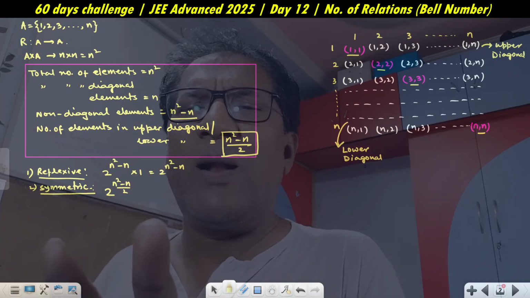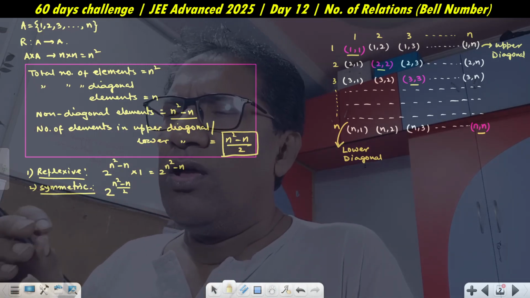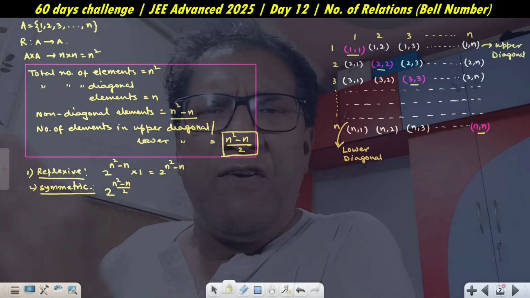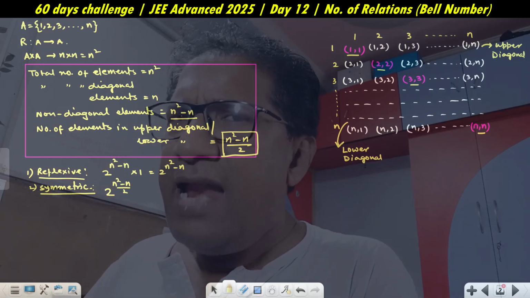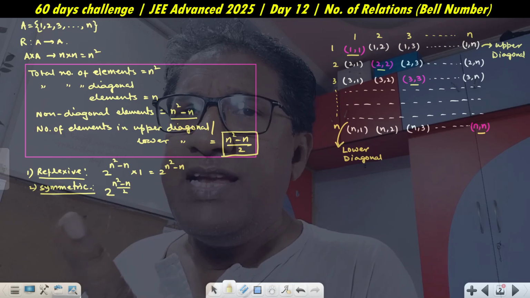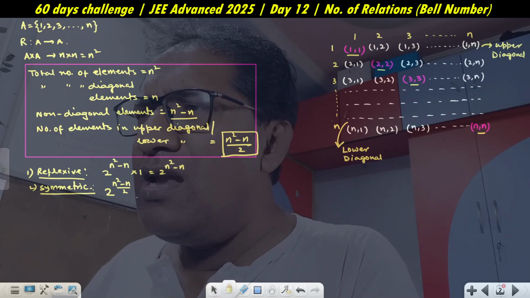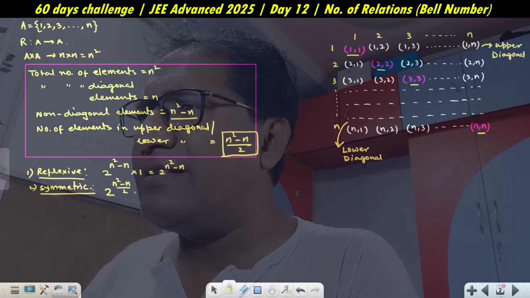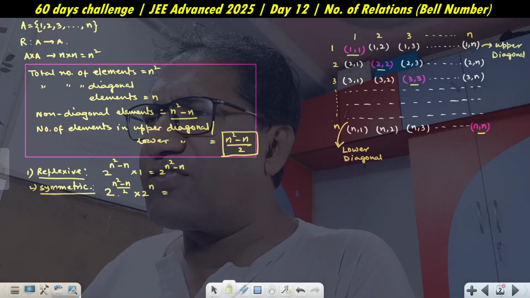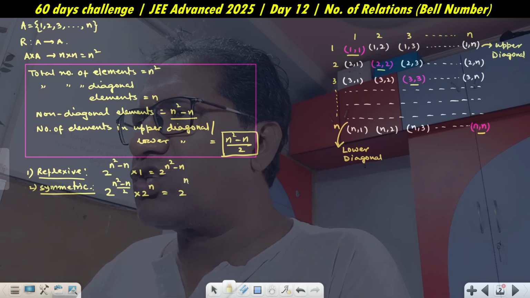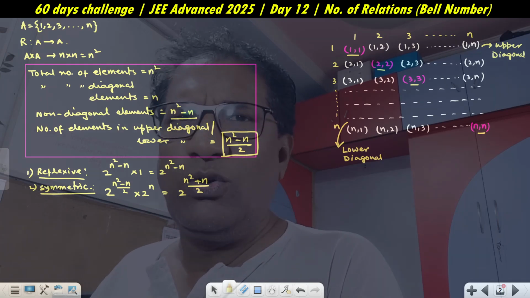Because if 1, 1 is present, 1, 1 is again present. Therefore, any diagonal element, if it comes in my relation, it stays symmetric. So there are n diagonal elements. Again, for every diagonal element, there are two options. Either it can come or it may not come. So the total number of ways of selecting the diagonal elements is 2 to the power n. Therefore, the total number of symmetric relations possible is 2 to the power n square plus n divided by 2. Have you understood this? Okay.